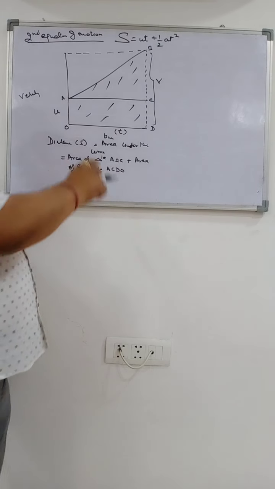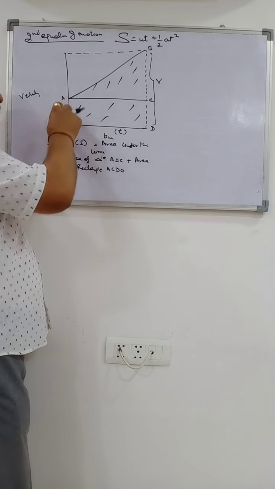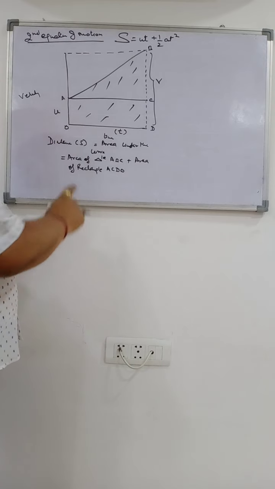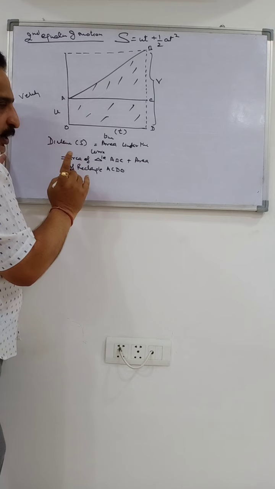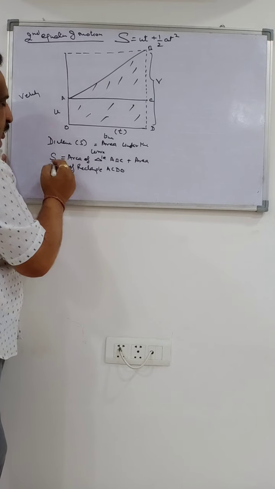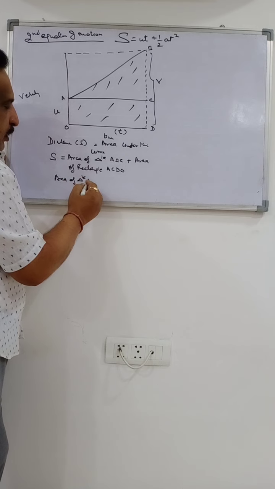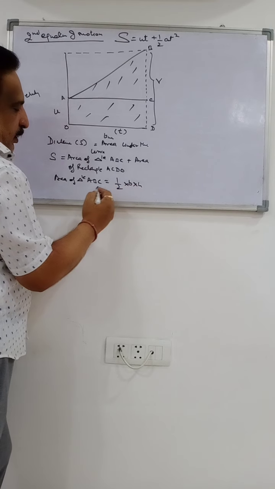What is the area of the rectangle then? Side into side, or length into breadth. Is that clear? Now first we will solve the area of the rectangle, then find the distance. So this is S. Now the area of triangle ABC is equal to half into base into height.